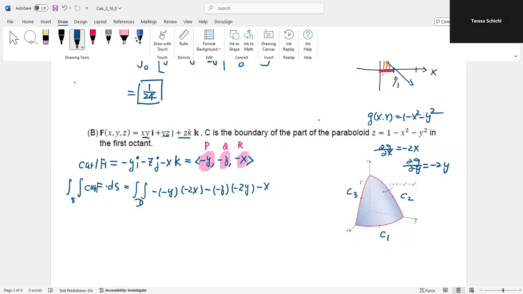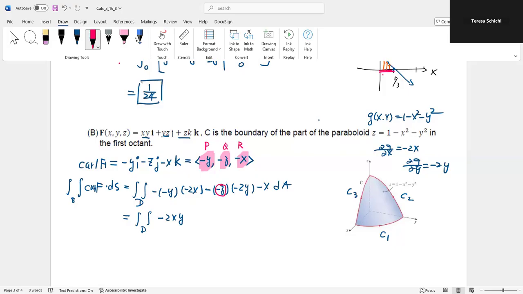So this becomes dA. Let's simplify it: negative, negative, negative, so it's negative 2xy. Then here's z, so I need to replace negative z.